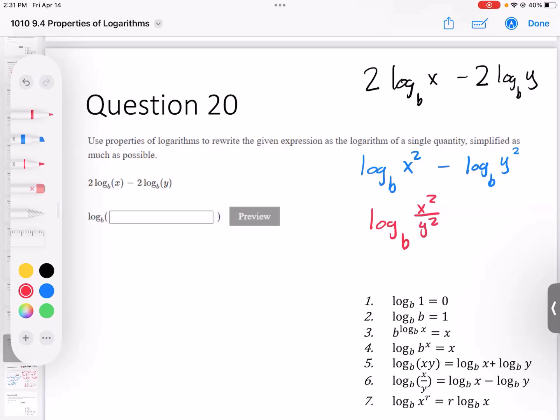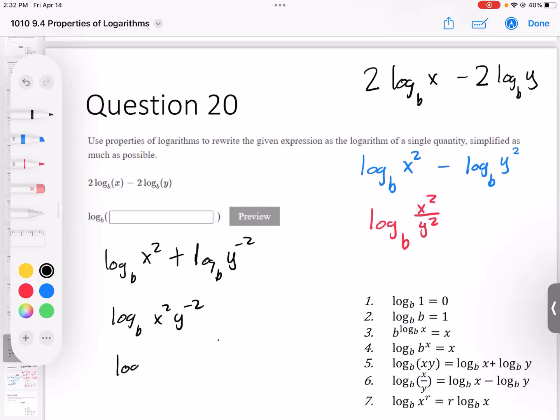If you had chosen to do it the other way, so if you had written this as log base b of x squared plus log base b of y to the negative 2, so like if you kept the negative with the coefficient, then you would get log base b of x squared y to the negative 2 by property 5, because property 5 is where you add the logs, you can multiply their arguments.